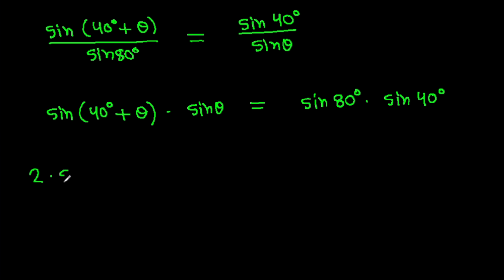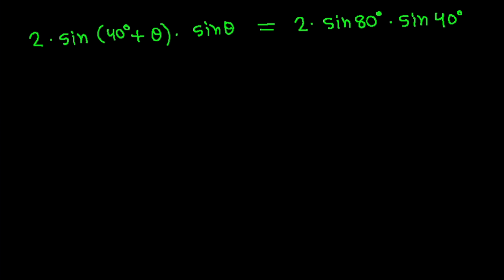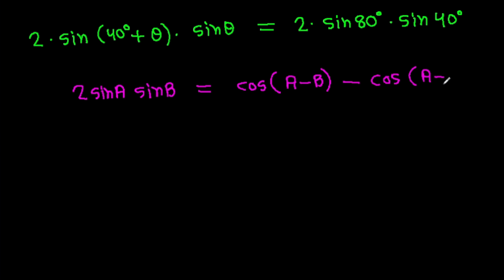So 2 times sin 40 degrees plus theta times sin theta will be equal to 2 times sin 80 degrees times sin 40 degrees. And now 2 sin A sin B is equal to cos A minus B minus cos A plus B.